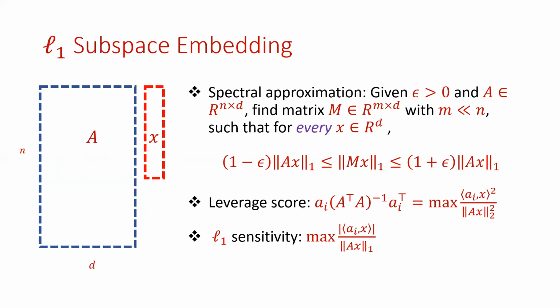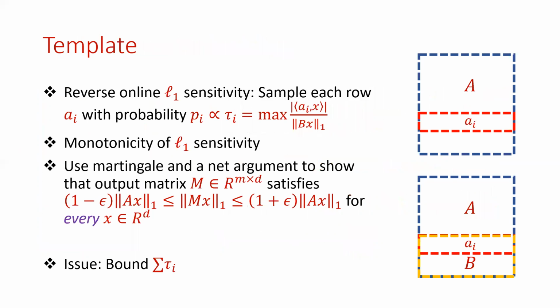Now recall that the leverage score can be characterized by a maximization ratio. We similarly define the L1 sensitivity to be the corresponding maximization ratio with respect to an L1 norm instead of an L2 norm. Now we use the template that we described before, where we sample each row with probability proportional to the L1 sensitivity.